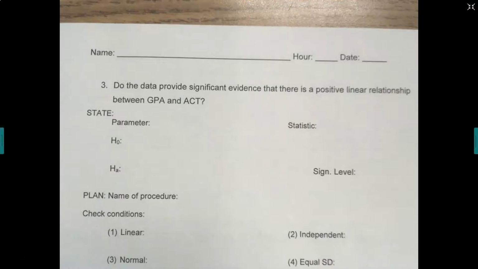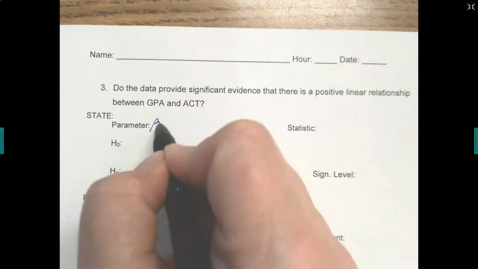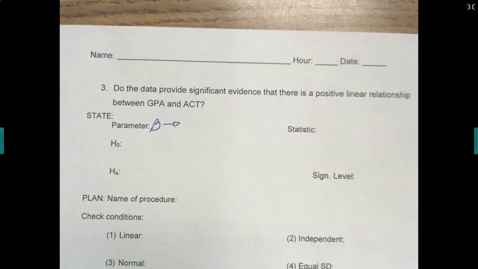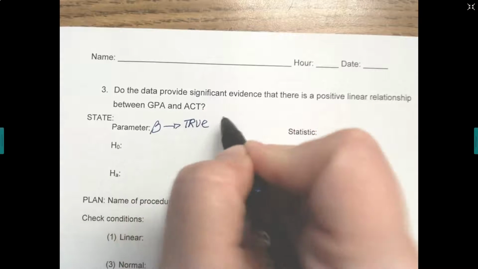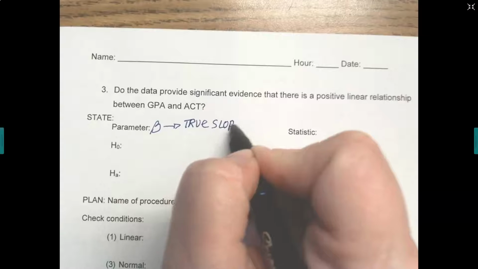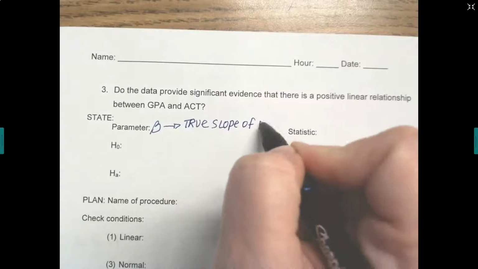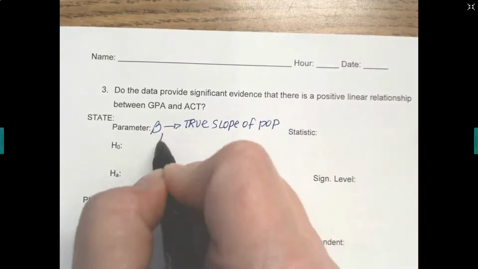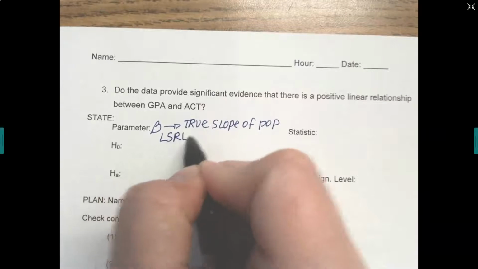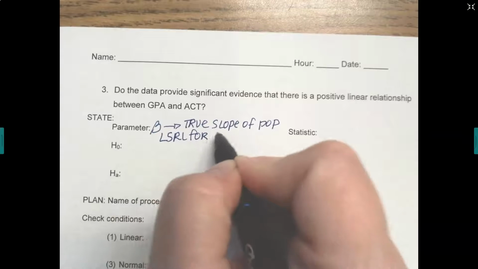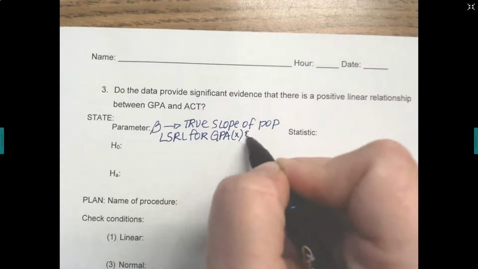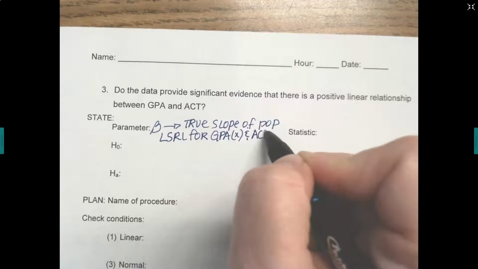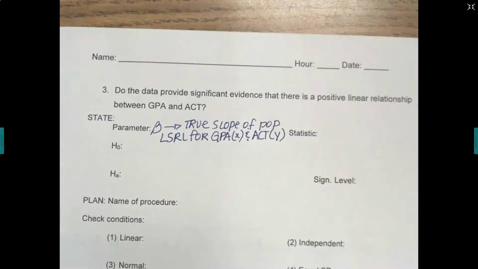Our parameter is the slope, so beta is going to represent the true slope of the population least squares regression line for GPA, which is our x, and ACT, which is our y.